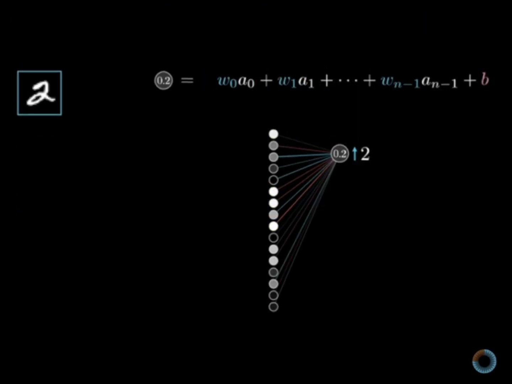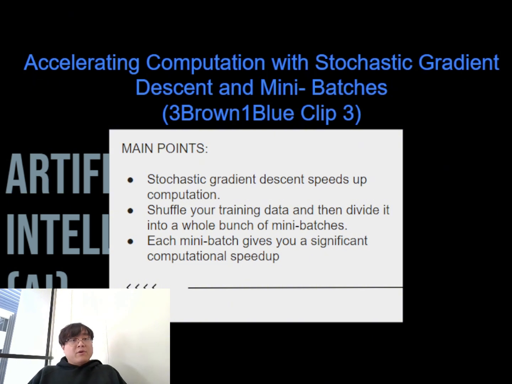When training neural networks, stochastic gradient descent (SGD) is used to speed up computation. Rather than processing all training examples at once, SGD first shuffles the training data, then divides the data into mini batches.